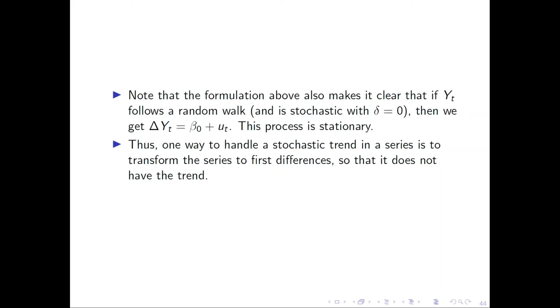What's interesting with the result from the hypothesis test is that if we do not reject the null hypothesis of delta being equal to 0, then we know that we have a unit root, which means that we have a random walk process, which means that we have a stochastic trend in our process.